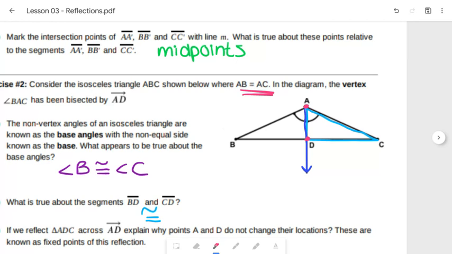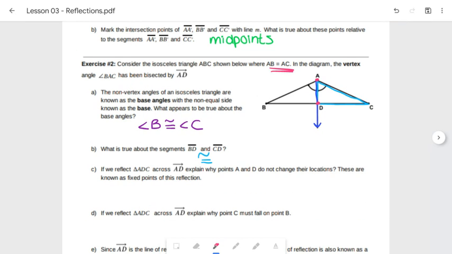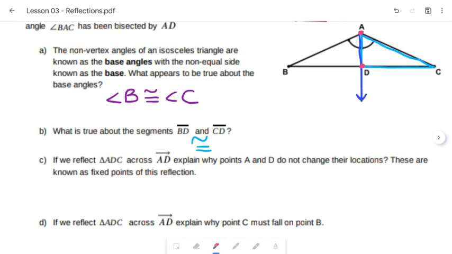So if we think back to what we were just talking about, if the line of reflection is a perpendicular bisector of the points, well, these points are already on the line of reflection, so they're not going to move anywhere. So A and D do not change their location because they lie on the line of reflection.